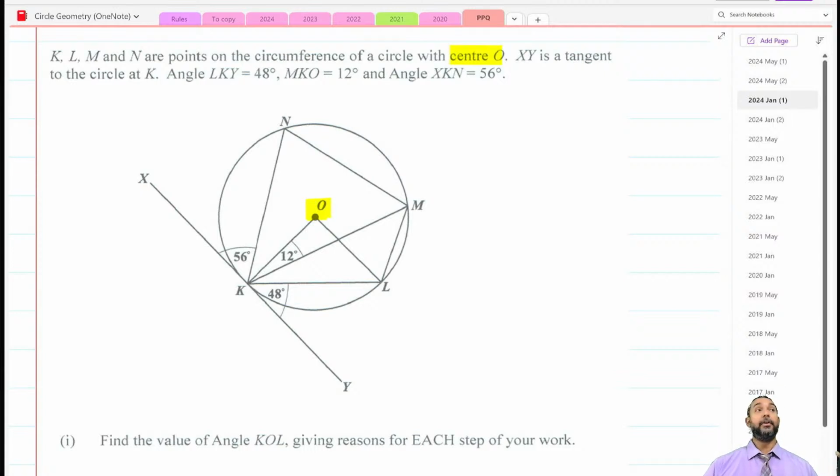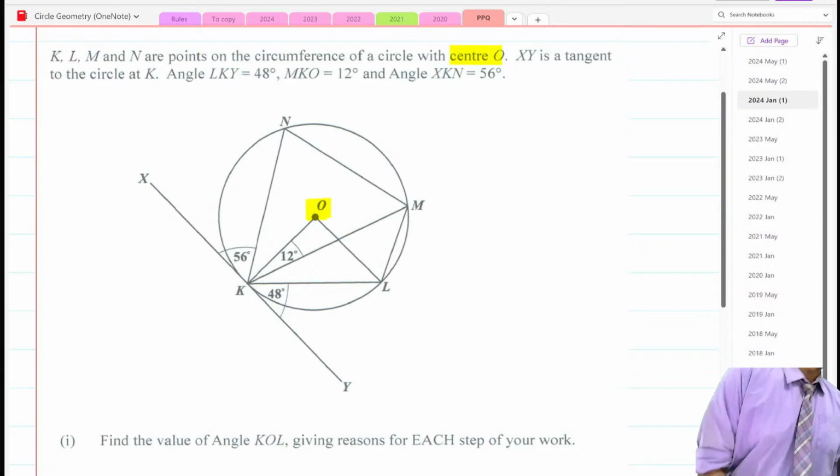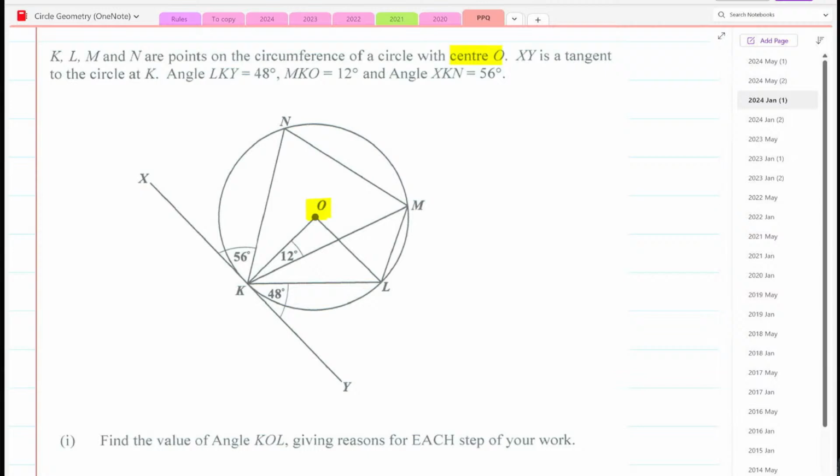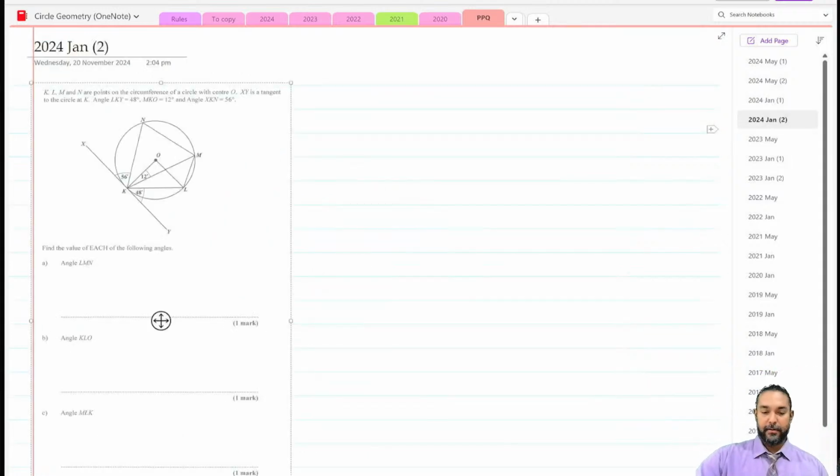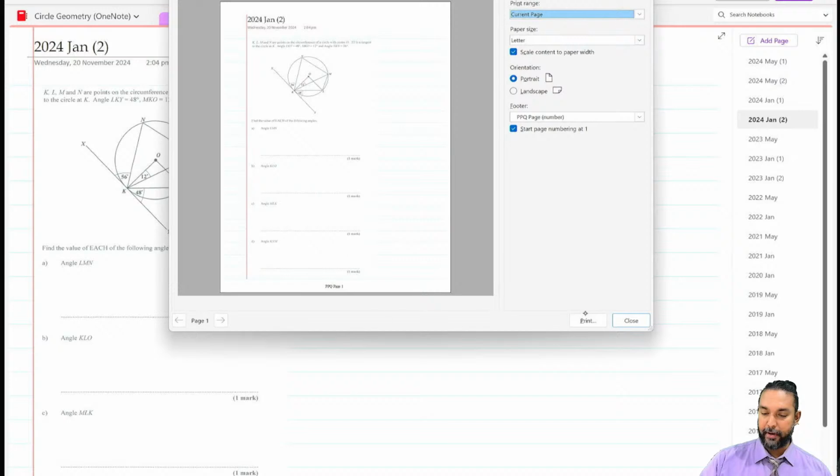So just as we just saw, being able to spot the radii could help us identify solutions to questions more easily than not spotting them. Let me just print this for the class and then we'll go from there, right?